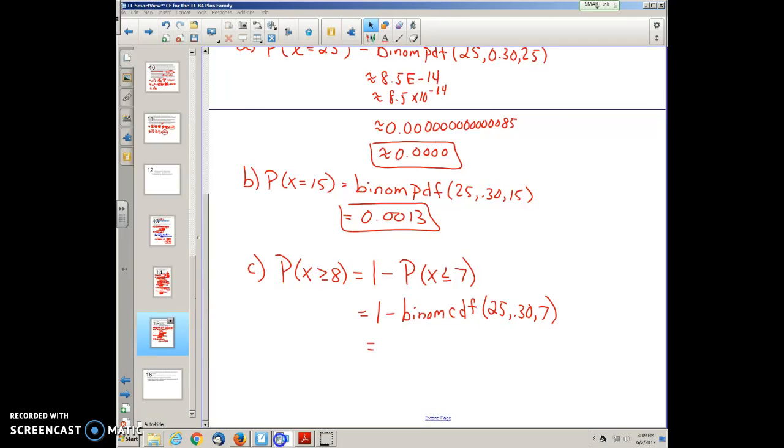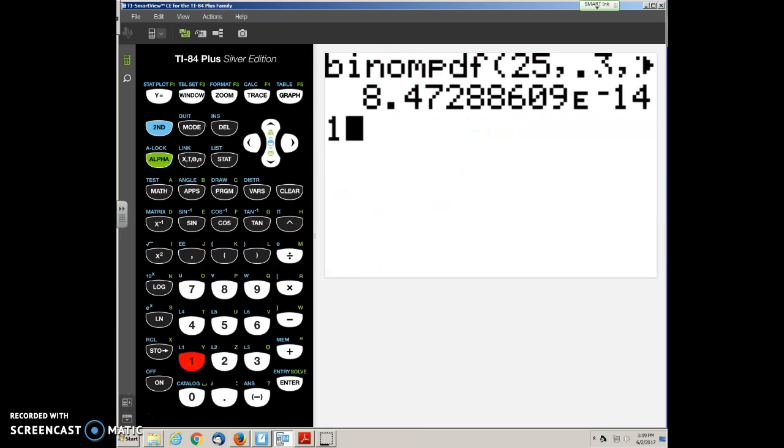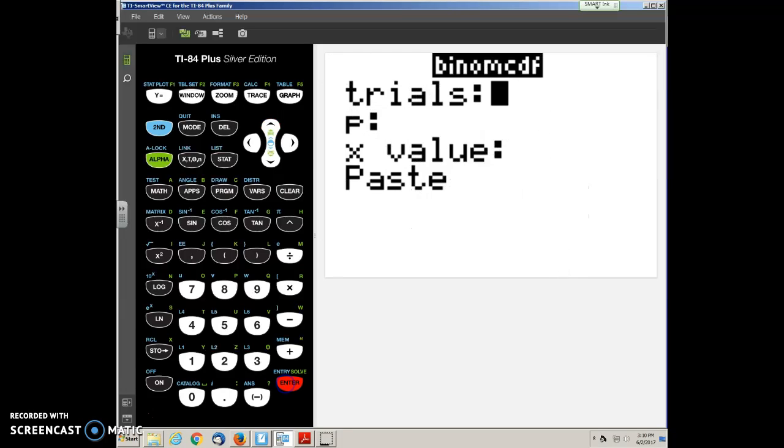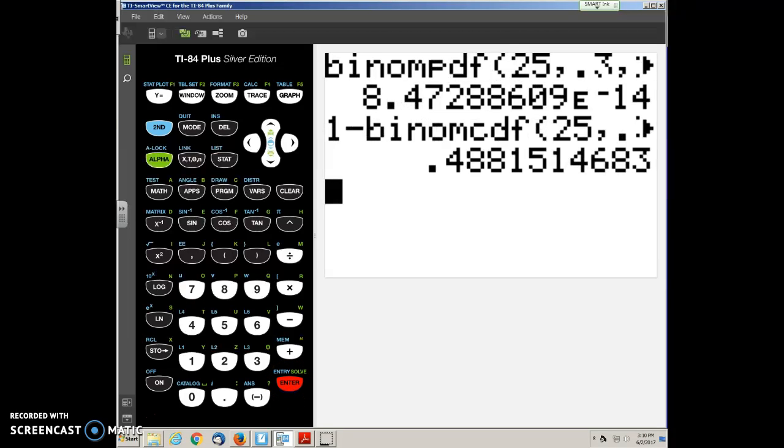So I'll show you how this works. So now we do 1 minus second vars. Find binom CDF. 25 people are being selected. Probability of success is 0.30, and we want at most 7. And we get 0.4882.